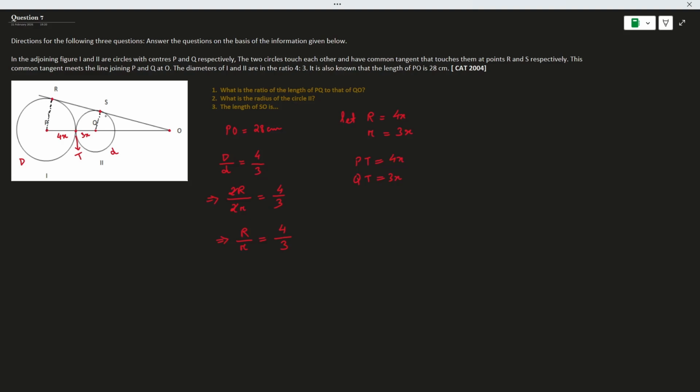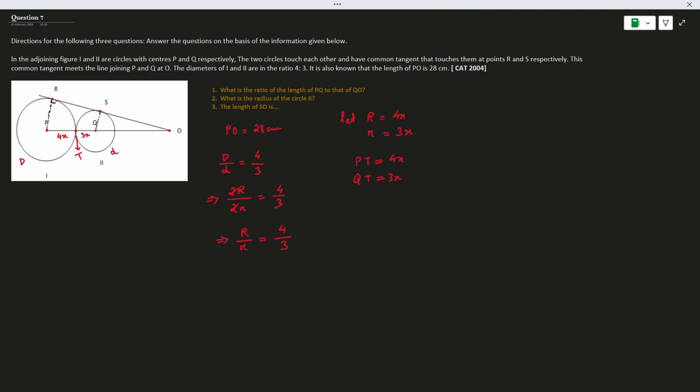And there is a property of circles that if you draw a tangent from an exterior point to a circle, then the tangent will be perpendicular to the radius of the circle at the point of contact. Please focus on the words at the point of contact.